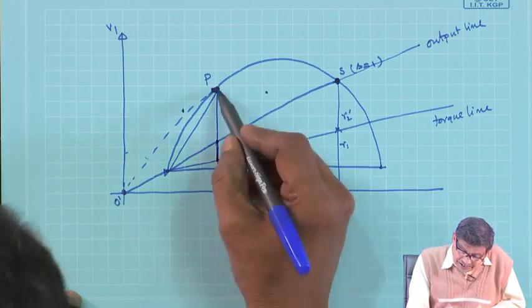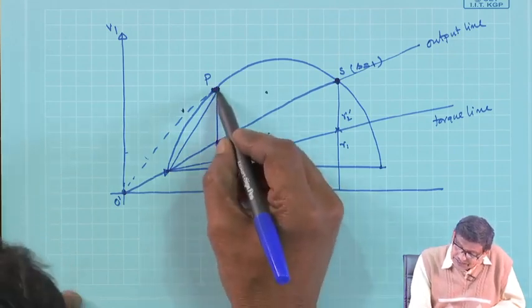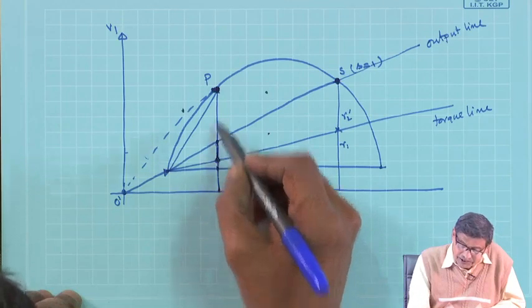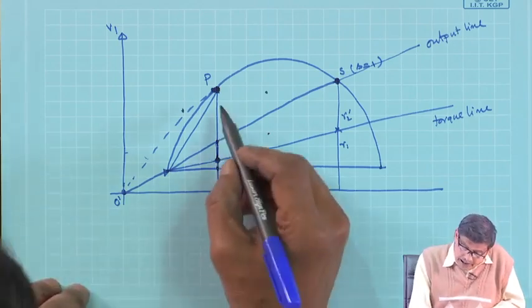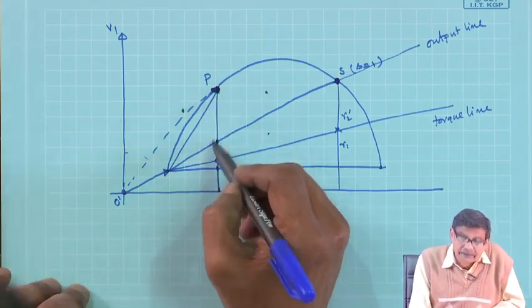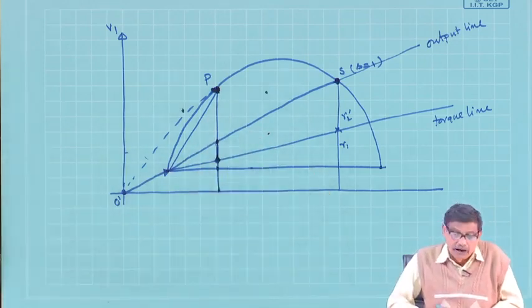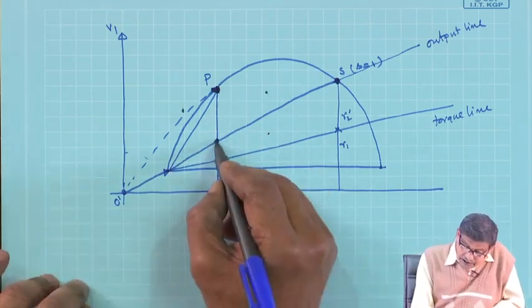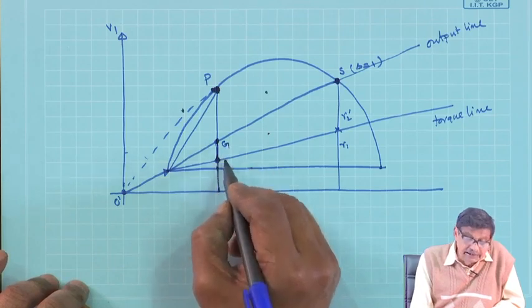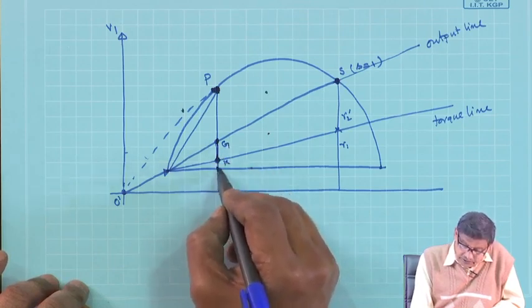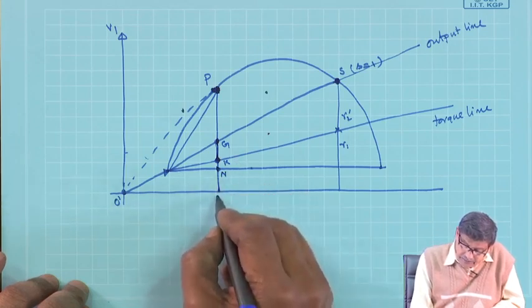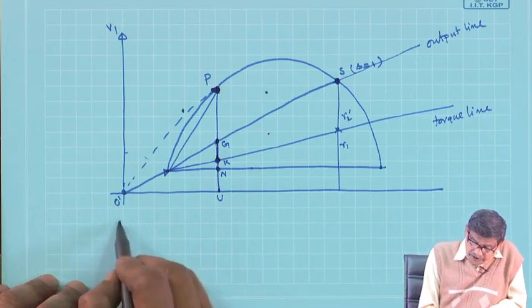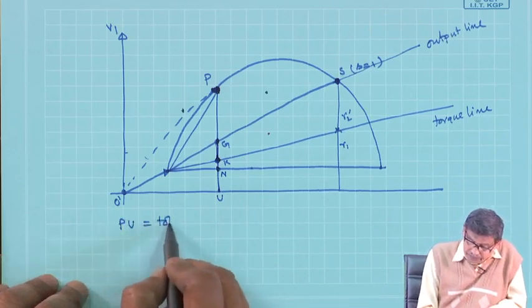And what will be this length? From this to this, torque line. This is also air gap power. So, air gap power is torque line divided by 2 pi ns to convert it to Newton meter, and this one will be the mechanical power output. So, these are named like this, G in our earlier diagram also N, and let this be called some U. So, Pu is the total input.